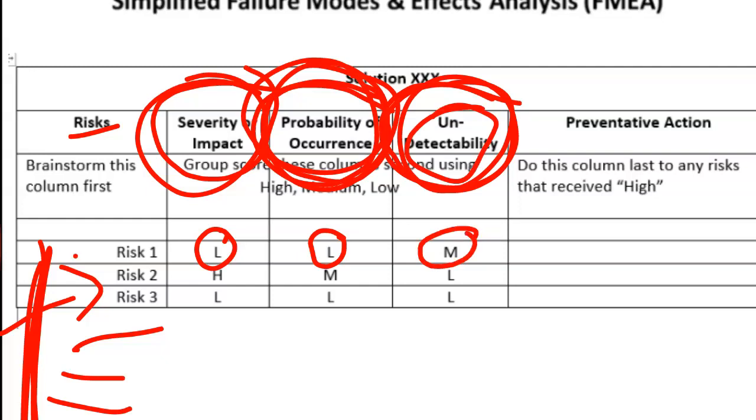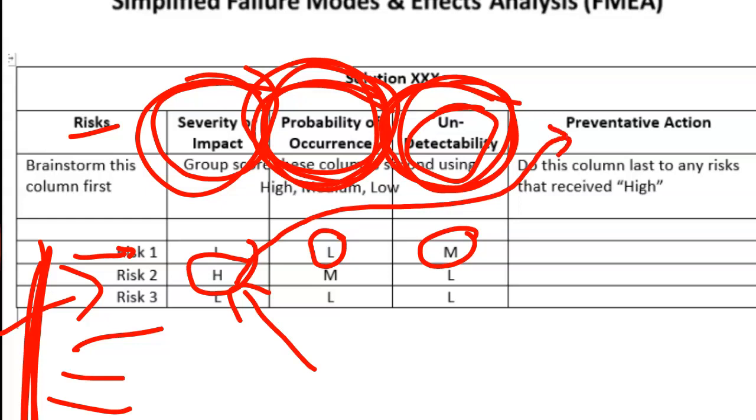We do this across for each risk, and then when we're done with the curmudgeon in the room, we then take a look at our results. For any risk that is scored as a high for any of the attributes, whether it's in all of the attribute fields or just in one, anytime I see a high marking, the team with the curmudgeon needs to work on creating a preventative for that risk.